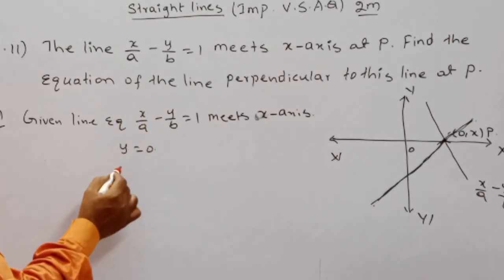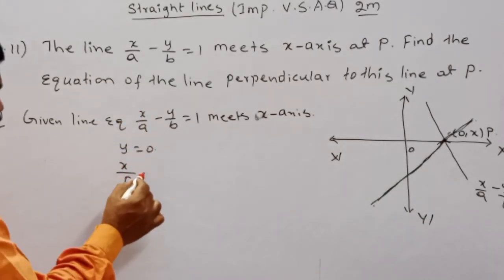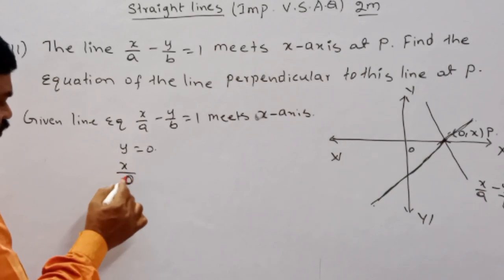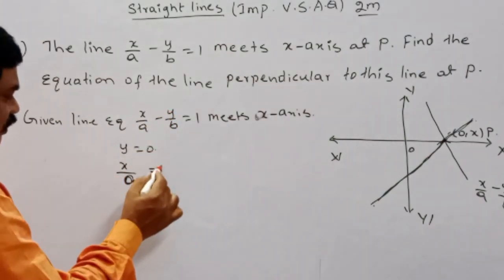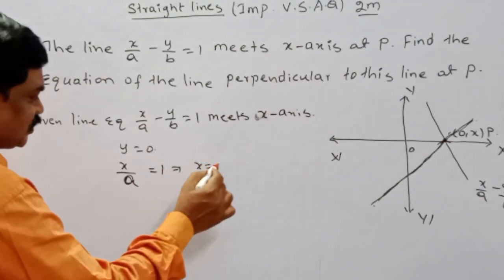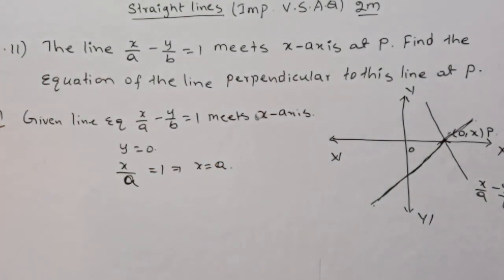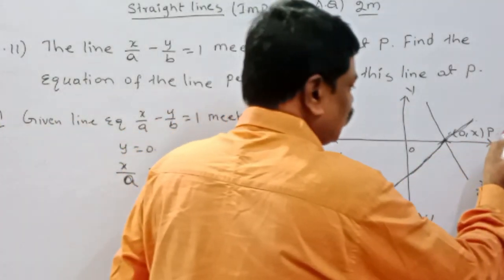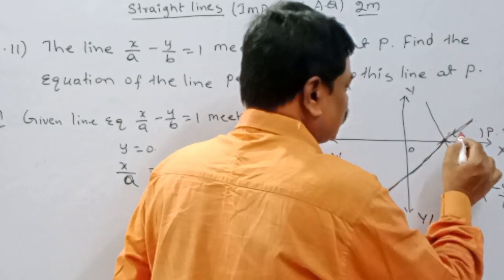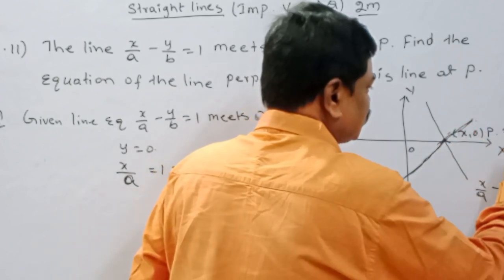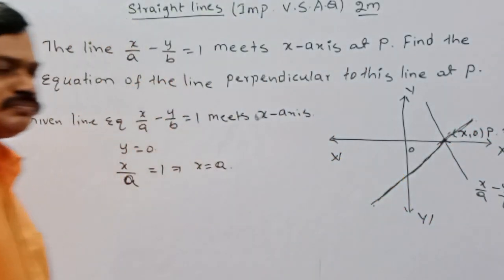So x by a minus 0 is equal to 1, so x is equal to a. That means this point is (a, 0).